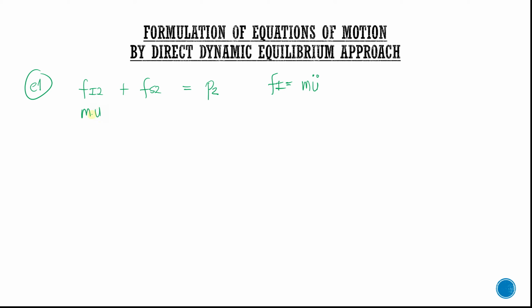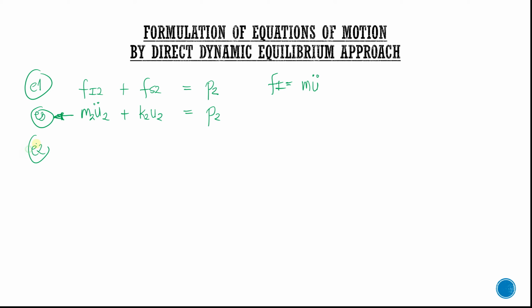That will become the mass of the second floor times the acceleration for the second floor plus the stiffness for the second floor times the deformation for the second floor is equal to P2 of t. Let's say this is our equation 3.